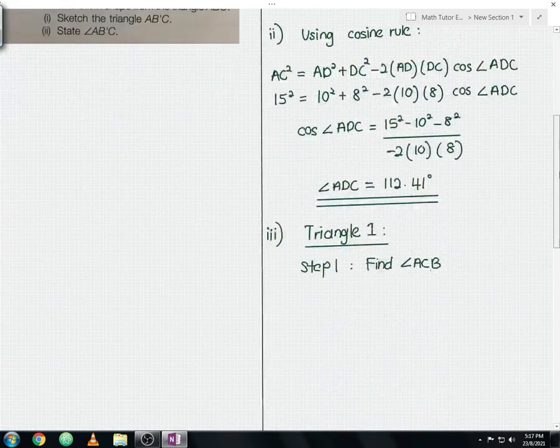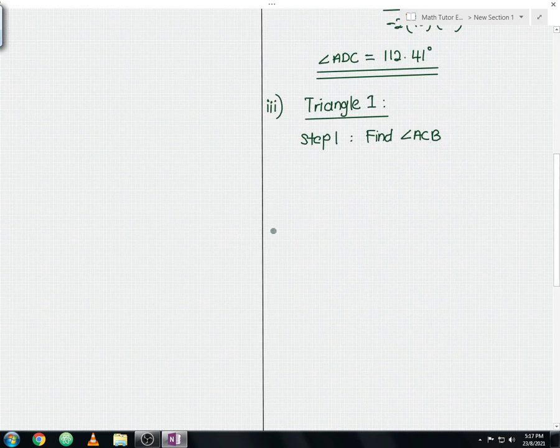Let me show you the working now. The total internal angle of a triangle is 180 degrees. So to find the angle ACB, it will be equal to 180 degrees minus 30 degrees, and then minus 56.44 degrees.